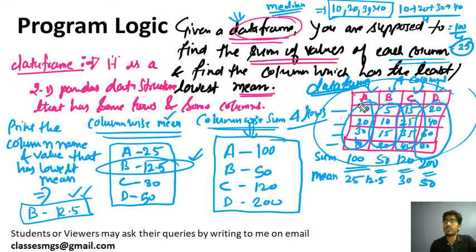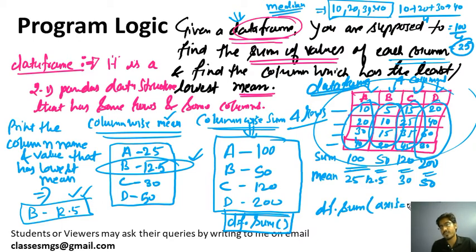Now what we need to do here? It is very easy to find the column wise sum in a data frame. You may use the data frame's function called sum, df.sum, a function that will directly return the column wise sum. If you want the row wise sum, you may use the same function, but you need to pass axis equals 1, and it will return the row wise sum.